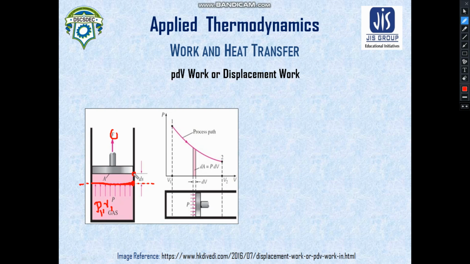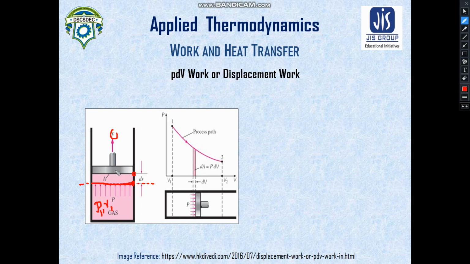This is the basic point you need to understand. When there is some kind of displacement of the boundary of the closed system, you can term it as displacement work. In other words, it is also called PdV work. Now I will explain why it is called PdV work.